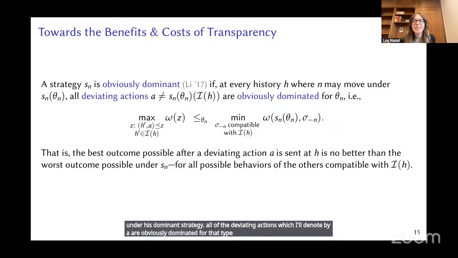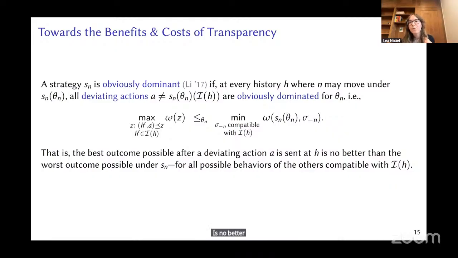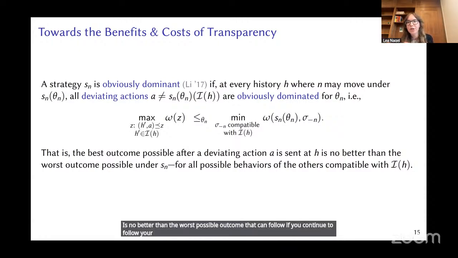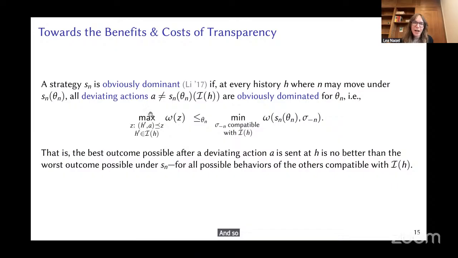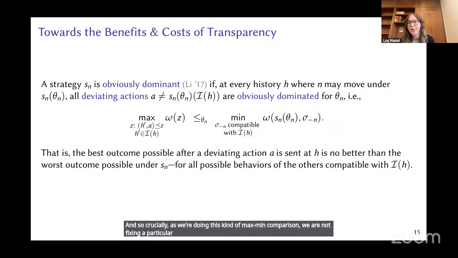Okay, and so what that means is that the best possible outcome after deviating is no better than the worst possible outcome that can follow if you continue to follow your dominant strategy. And so crucially, as we're doing this max-min comparison, we are not fixing a particular behavior profile for the other agents.